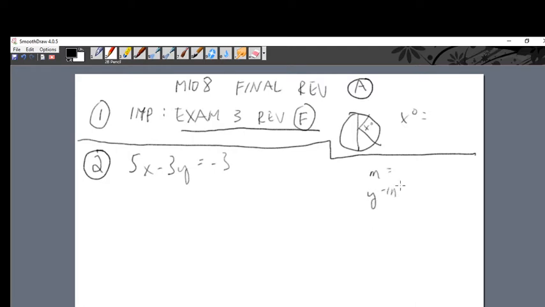So we've got to isolate y on the left-hand side. That's exactly what we need to do, and then we will get our slope and our y-intercept. We needed to turn it into the y equals mx plus b form, and that's called the slope-intercept form of the line.